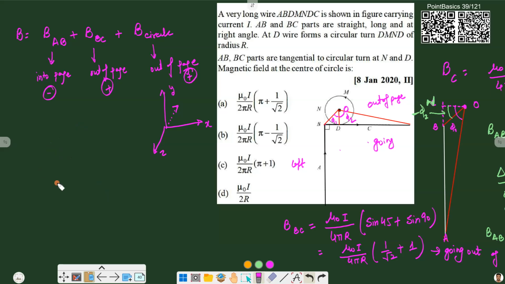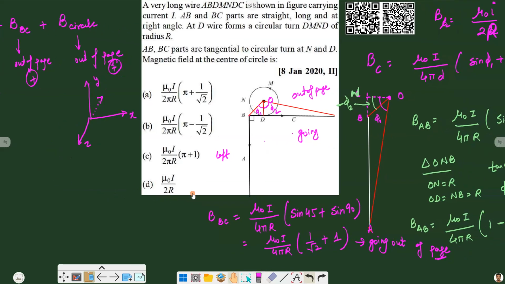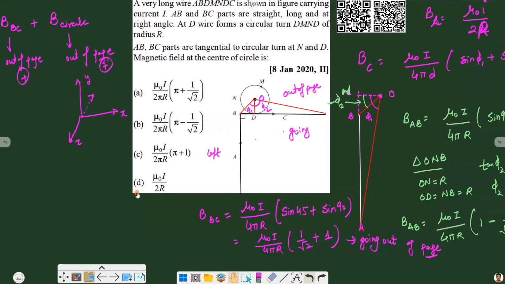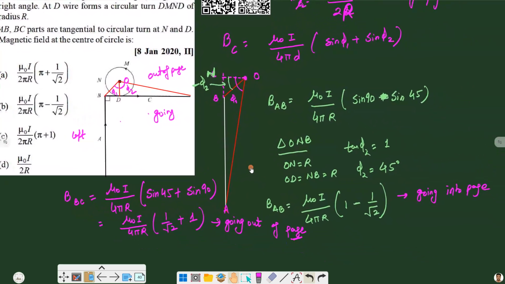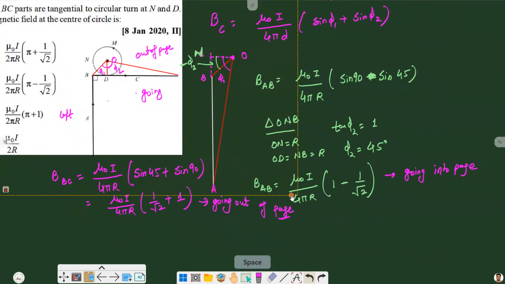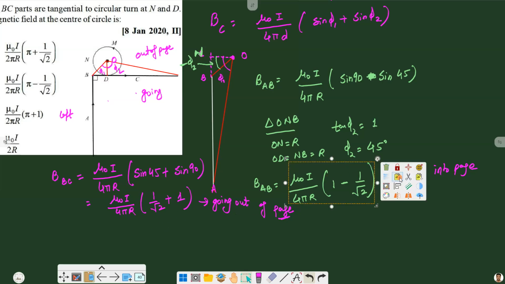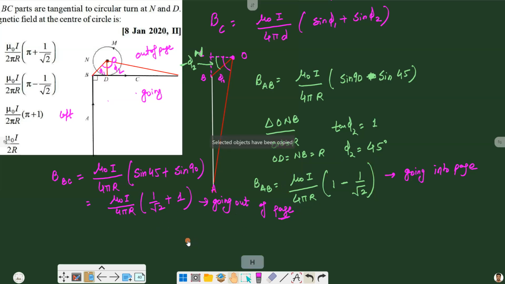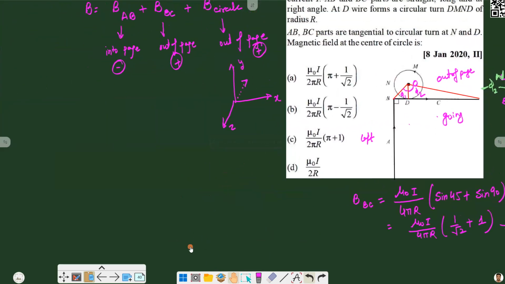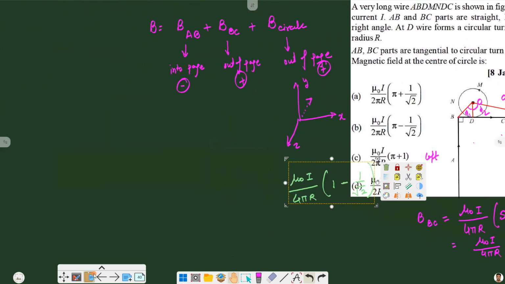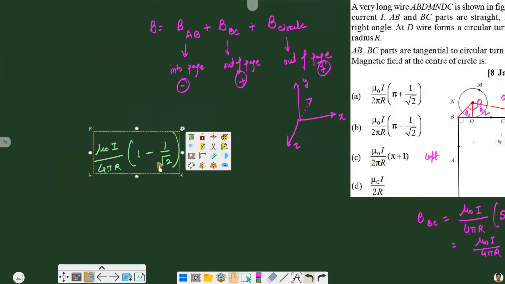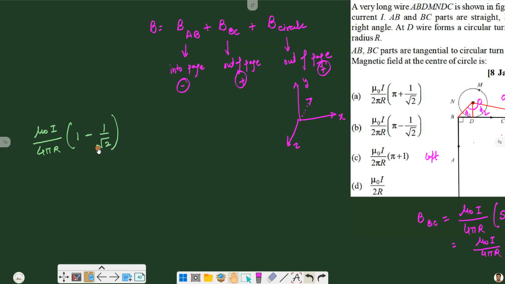So let's put the values here. First we have AB, that is negative, and its value is this one. So I will directly copy it. This is AB, and we have to apply a negative sign to it, because it is into the page.